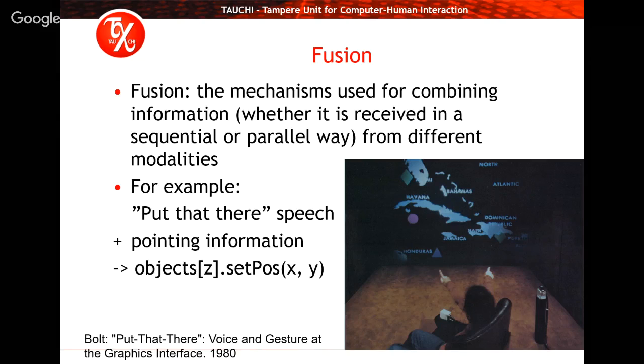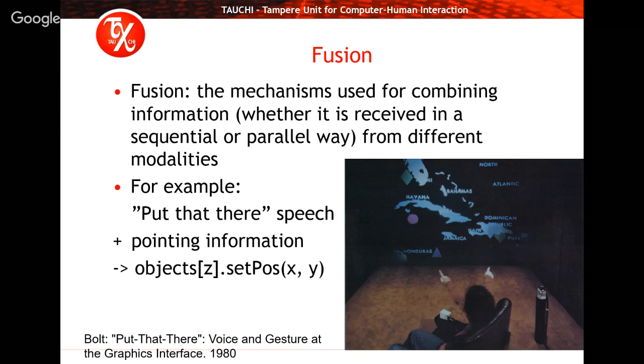If we have this classic example of "put that there", the user says "put that there" and points at a couple of locations, then the fusion is what takes that speech and that pointing information and combines it into some sort of internal system representation.